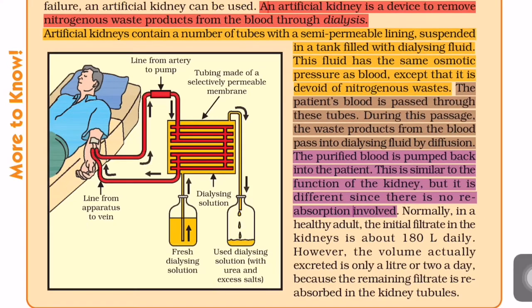But remember, the volume actually excreted is only a liter or 2 a day, because the remaining filtrate is reabsorbed in the kidney tubules. Most of the water is reabsorbed by the tubules inside the kidney, and only 1 or 2 liters of urine is thrown out through the urethra.